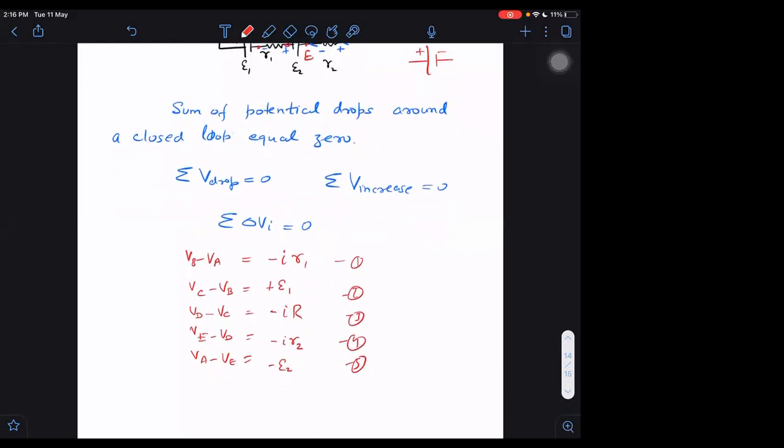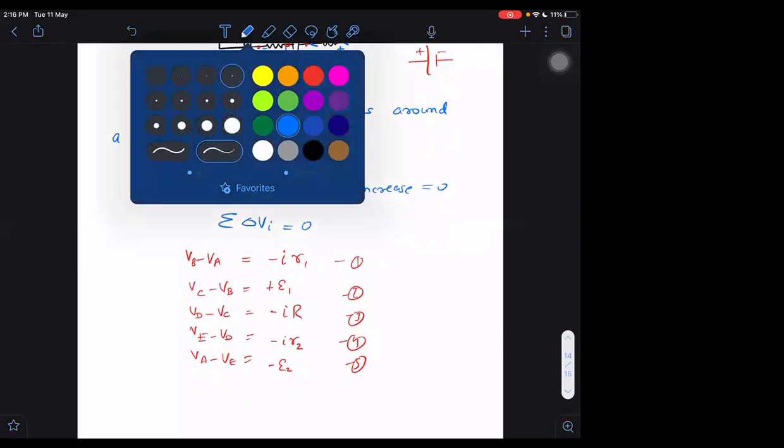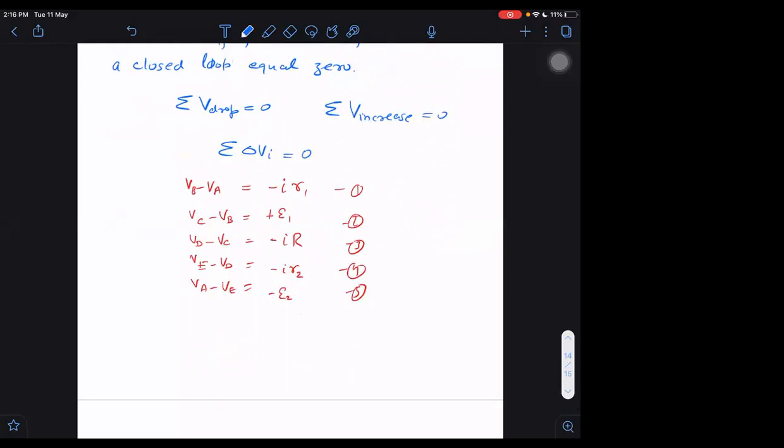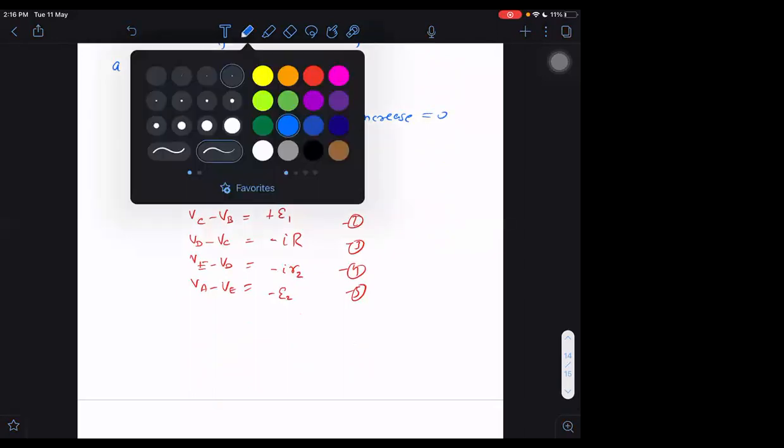If I add all the 5 equations, left hand side and right hand side, what result do we obtain? Left hand side becomes zero.